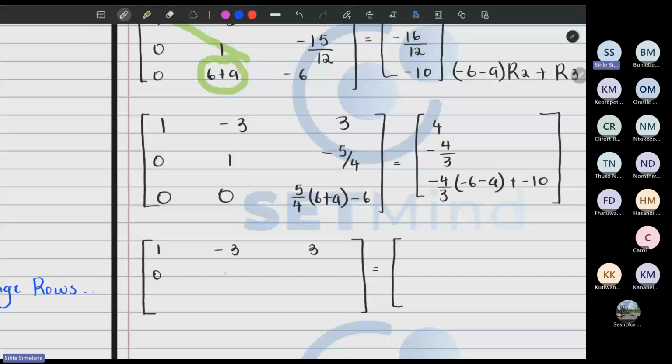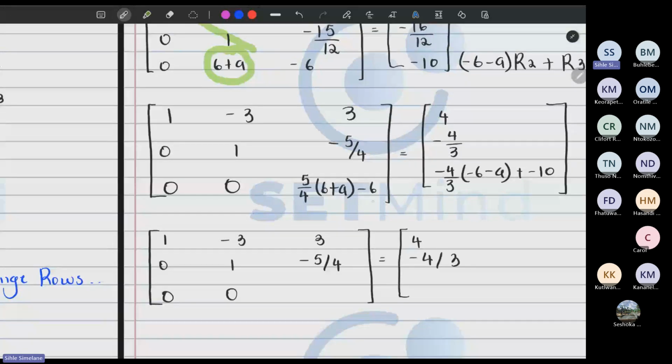I have my 0, 0, and then I want to combine these ones so that I have a common denominator. So what are we going to have? 5 times 6, that will be my 30, and then plus 5a, and then 4 times 6 will be 24. So we have minus 24 over 4.